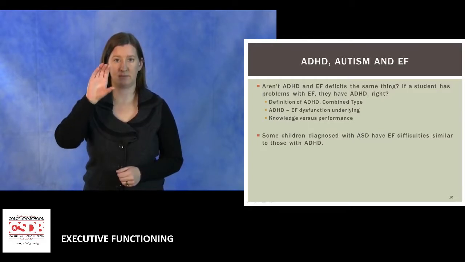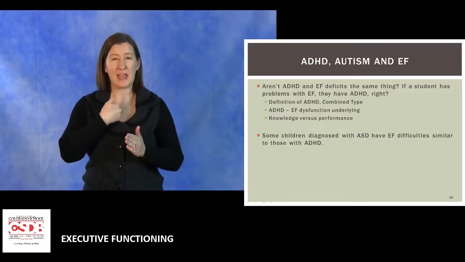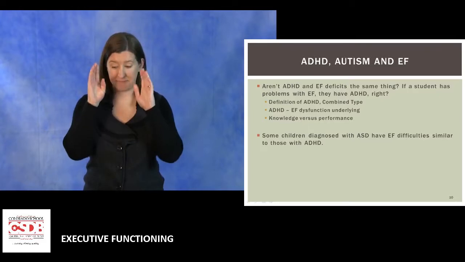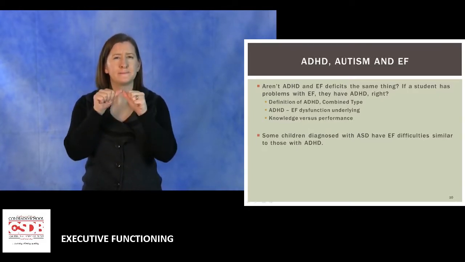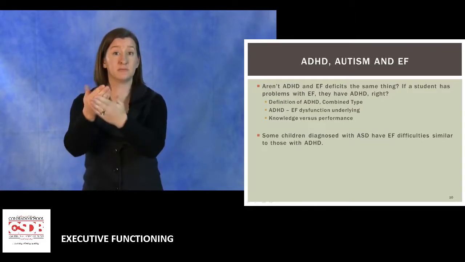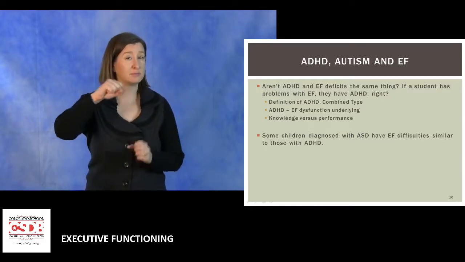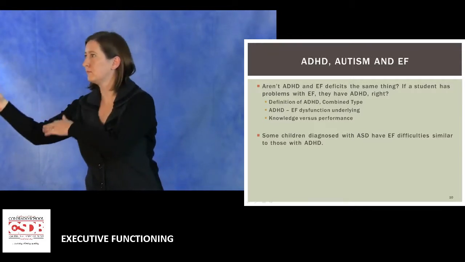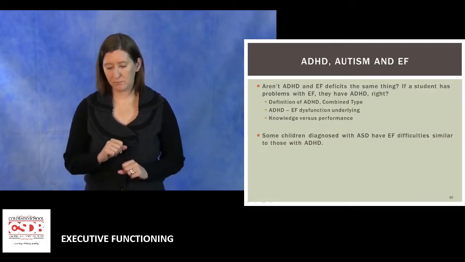The definition for ADHD for combined type means they have significant problems with attention. Also problems with continuing to an end goal. They have a hard time focusing and not drifting off to other tasks.